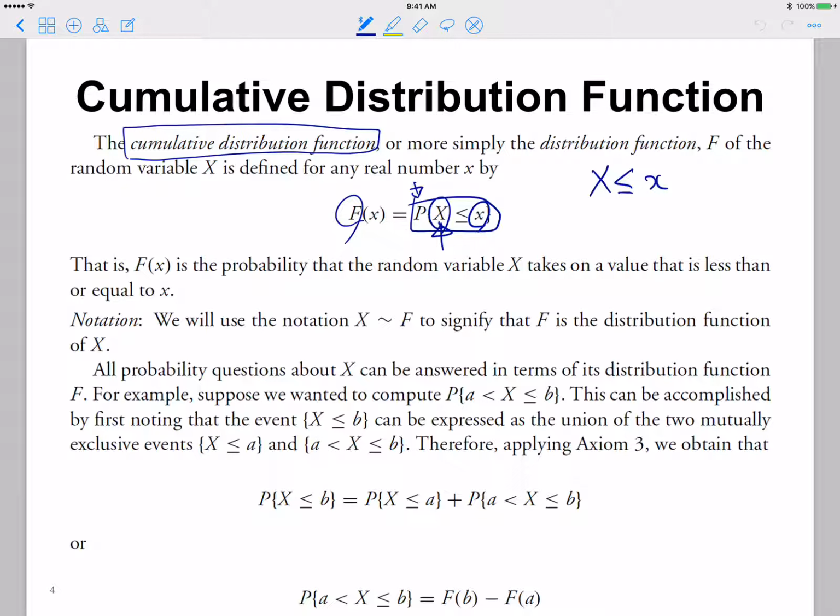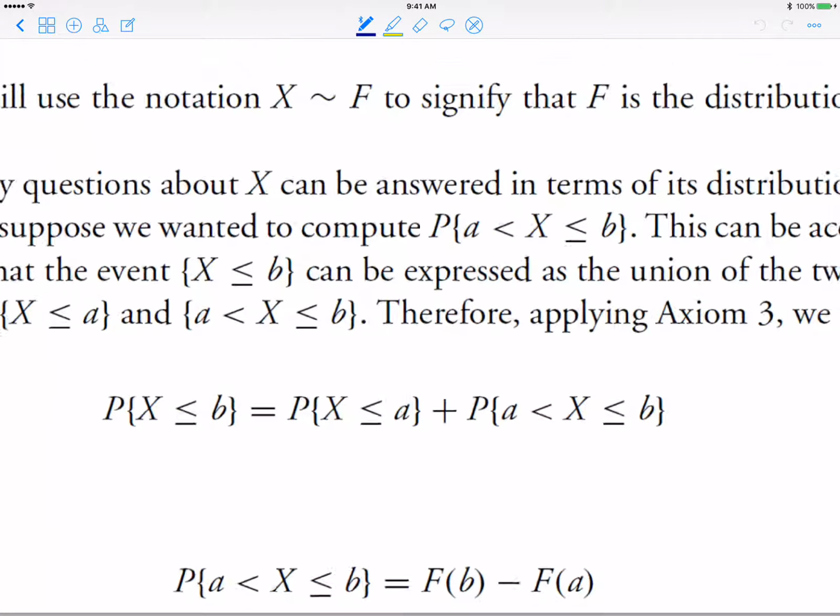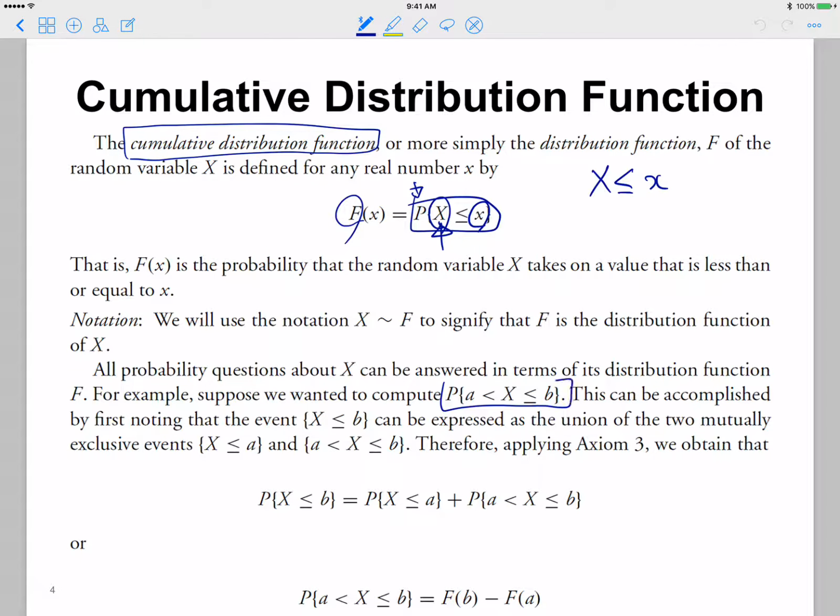Then, we can think of the probability of x being in a certain range. So initially, in this form, x should be less than or equal to a certain value x. But what about the probability of this?